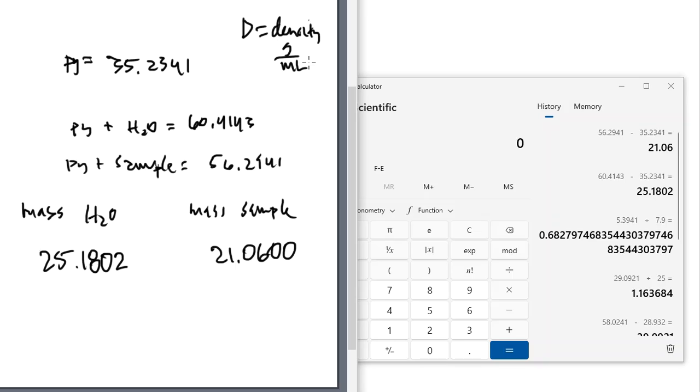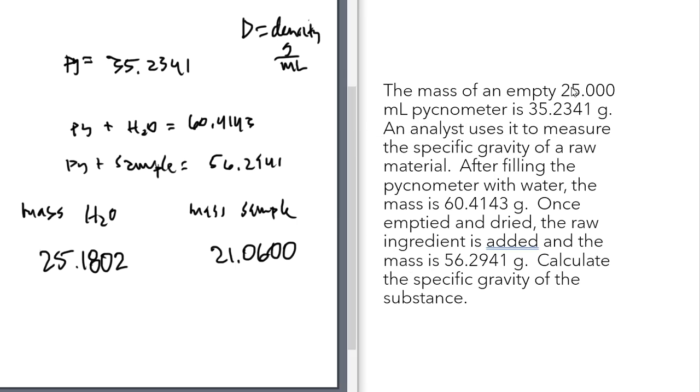We take the mass and we divide by the volume or space that it takes up. And in each one of these, the example problem told me that this was a 25 milliliter pycnometer. This pycnometer is made to hold, as close as it can, 25.000 milliliters of liquid. Whatever liquid that might be, that space is 25 milliliters.